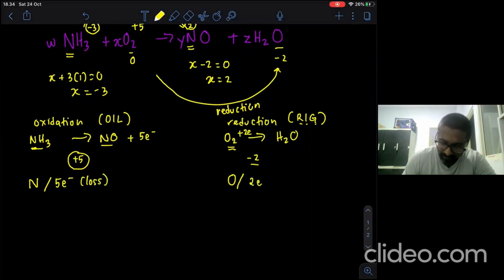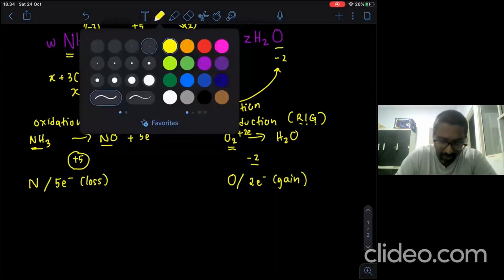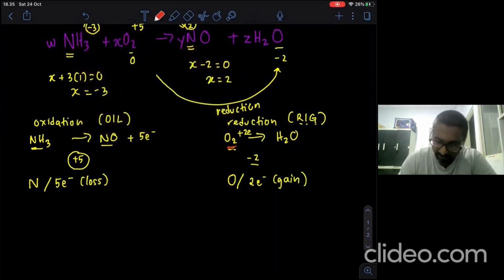In this case, you have 2 atoms of oxygen here. So instead of 2 electrons, there are going to be 4 electrons gained. So for O2, you are going to gain 4 electrons.